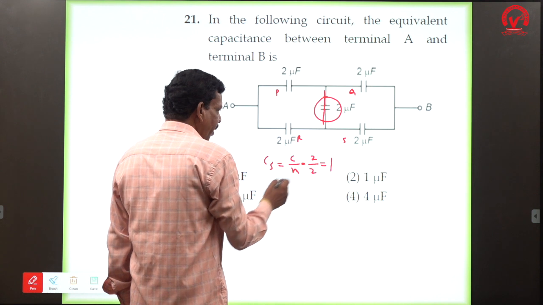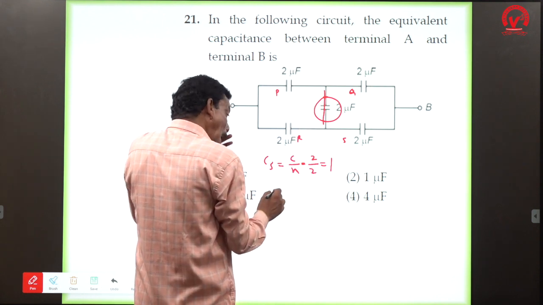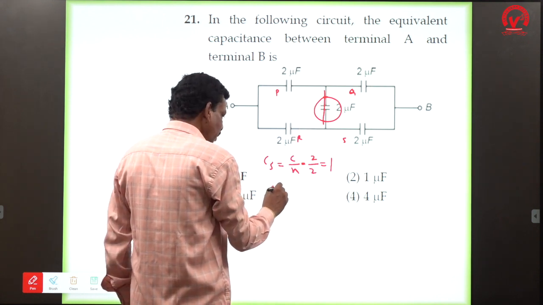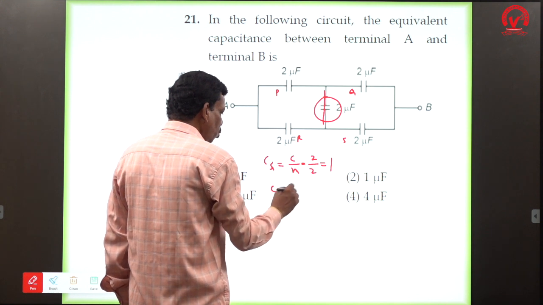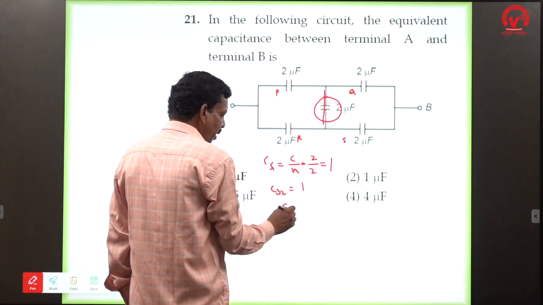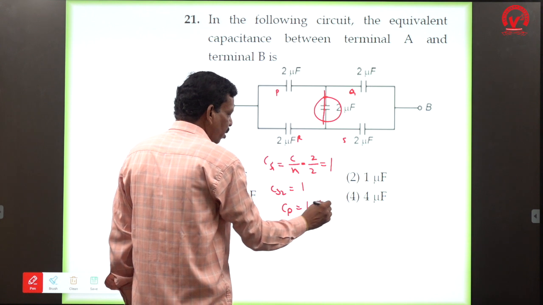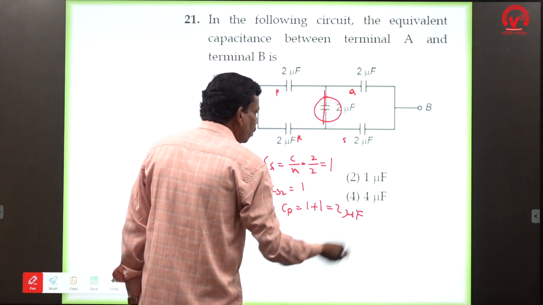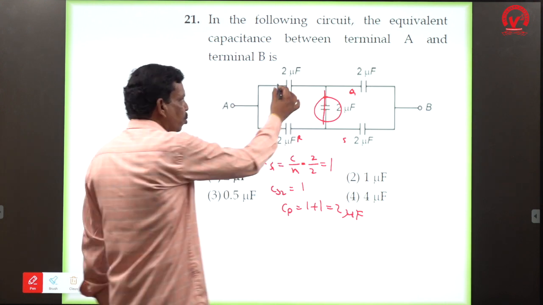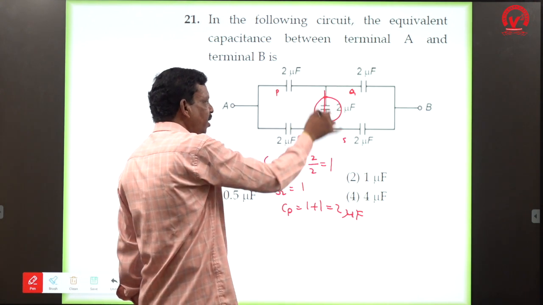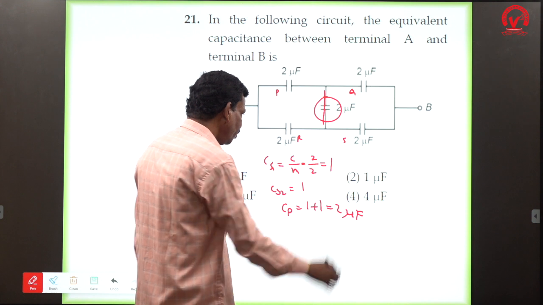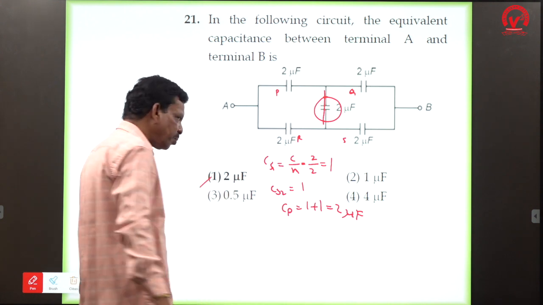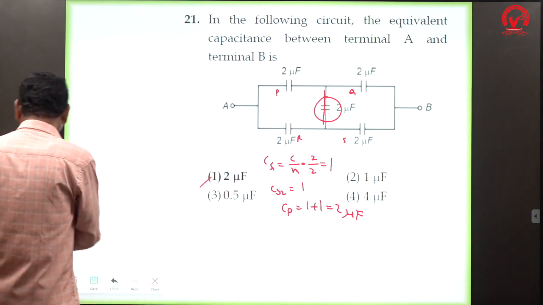Yes, again 1 in parallel, that is the CS1 and the CS2, it is also 1. Then Cp equals 1 plus 1, that equals 2 microfarads. So in the Wheatstone bridge, these two in series, these in series, again in parallel, we get this. Which option is correct? First option is correct.